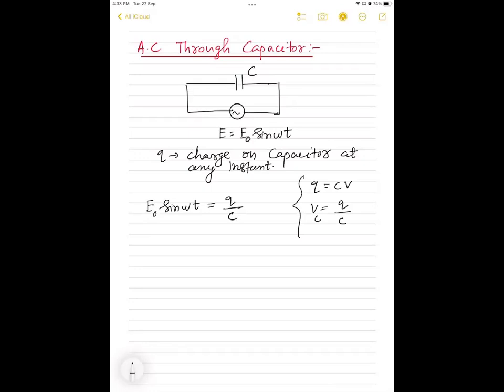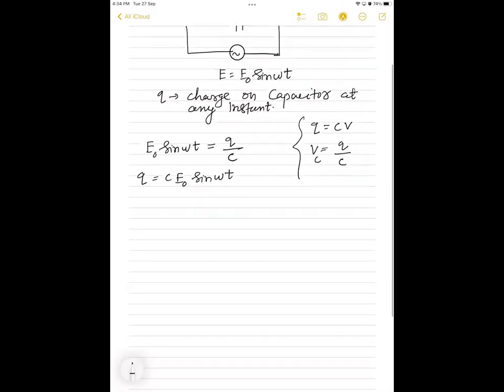So we can write, cross multiplying, Q is equal to C E naught sine omega t. You know current I is equal to dq by dt.